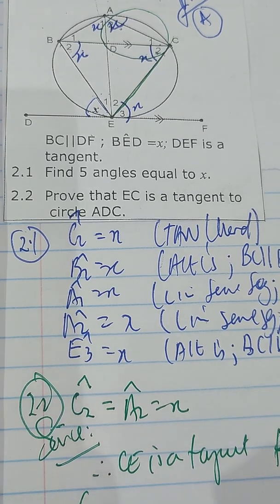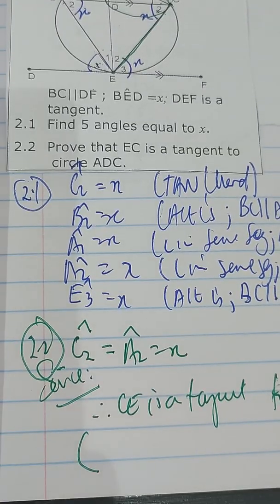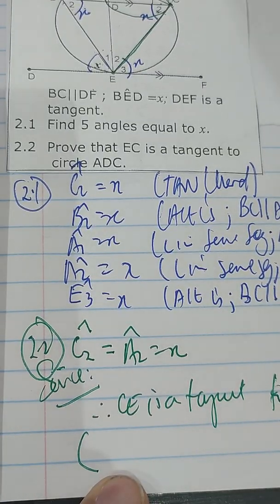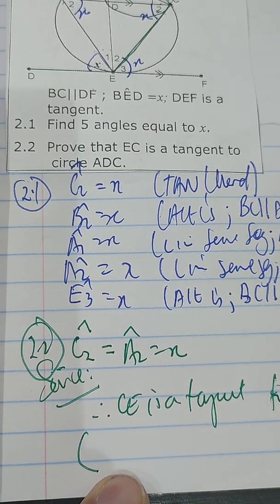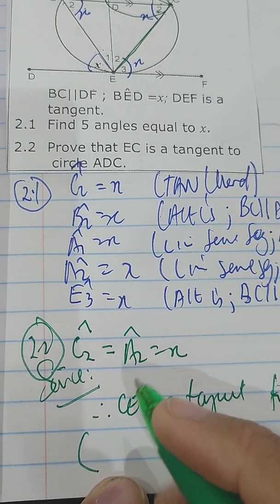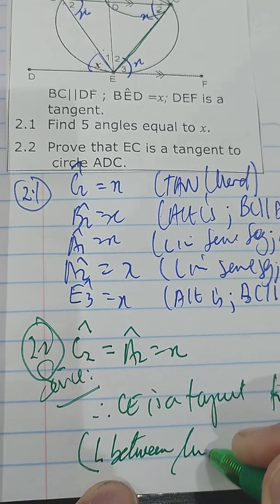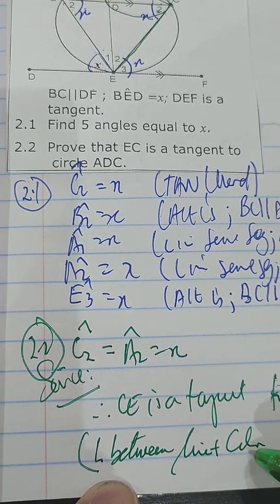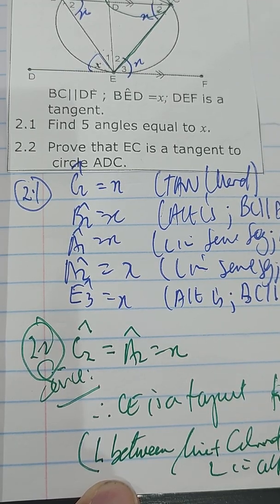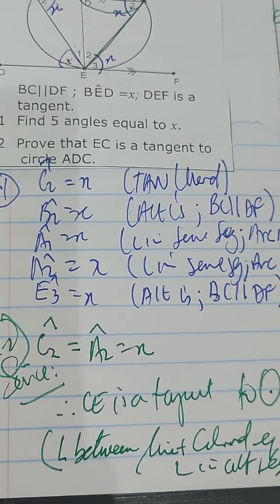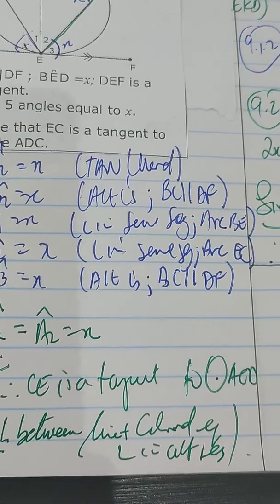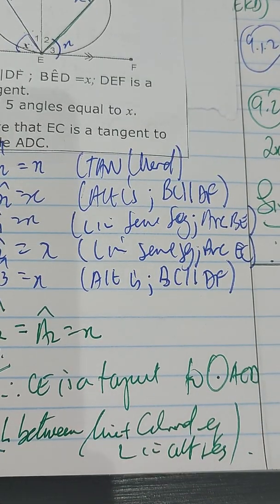Why? Either you write the reason as converse of tan chord theorem, or you can say angle between line and chord equals the angle in the alternate segment.